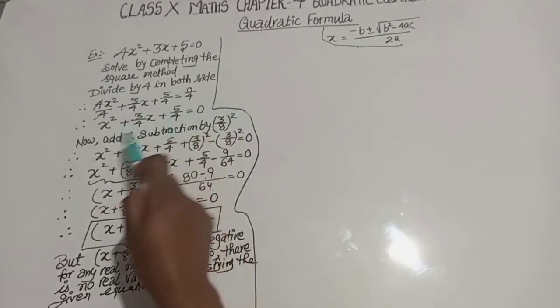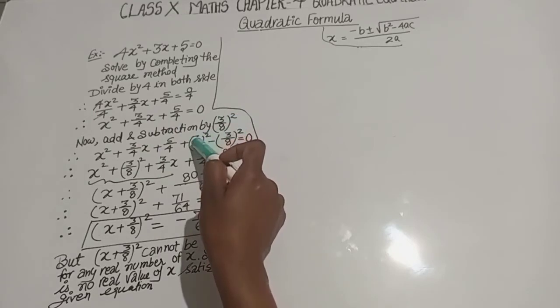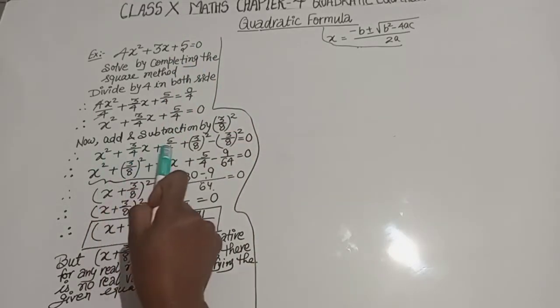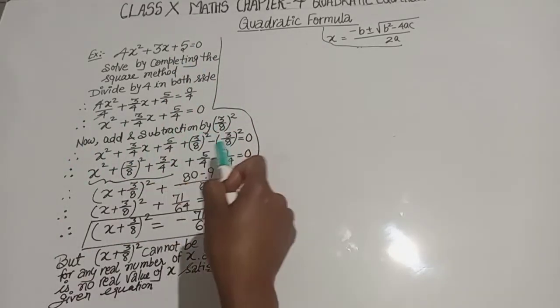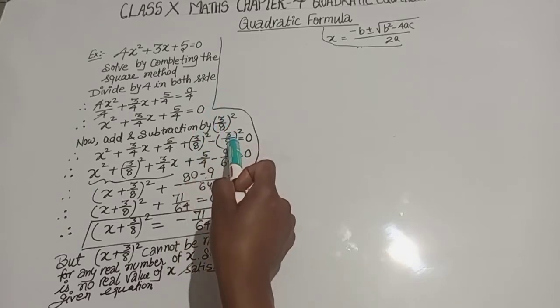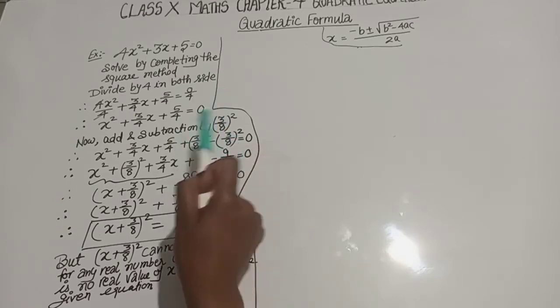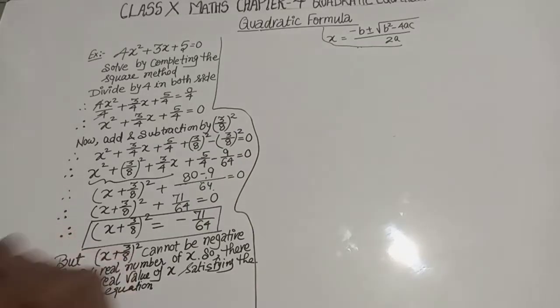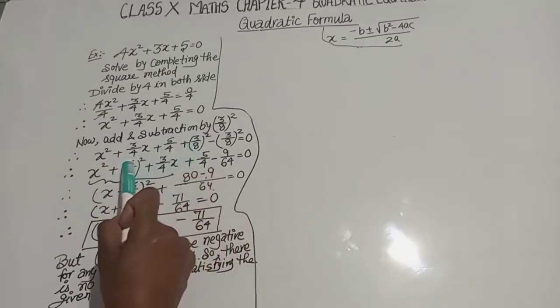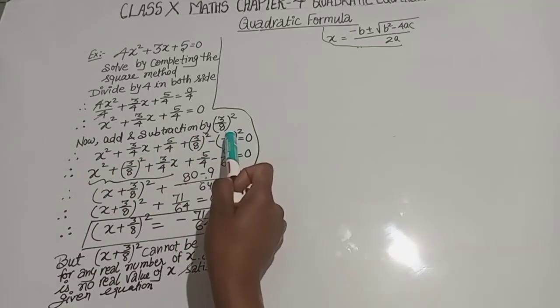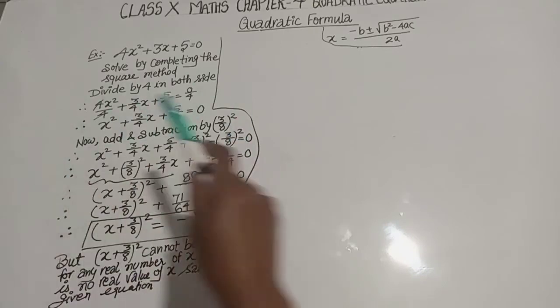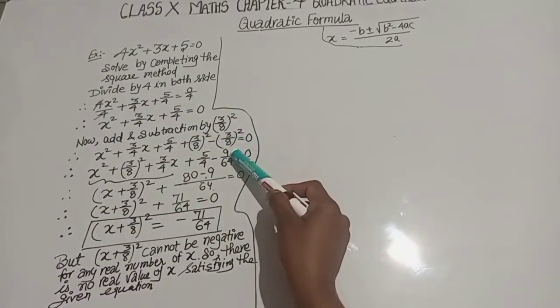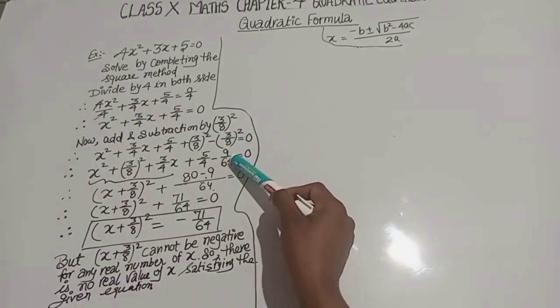So we add and subtract 3 by 8 whole square, the first time plus and the second time minus. Okay, so 3 by 8 whole square is here, minus 3 by 8 whole square. When you open it, this is 9 upon 64.